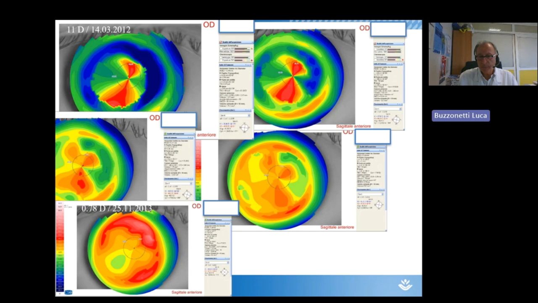But in my experience, with a good management of postoperative astigmatism, it is possible to reach, not always, but often, a good result, as in this patient. We started with 11 diopters of astigmatism, and in about 1.5 years, the astigmatism amount greatly decreased.